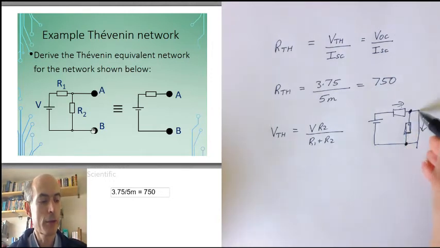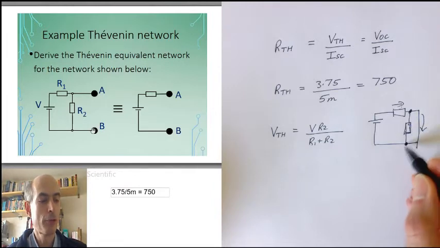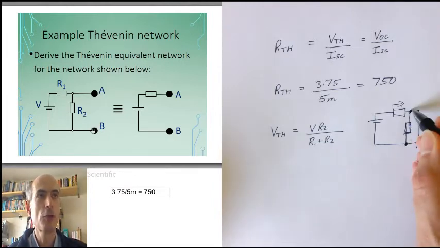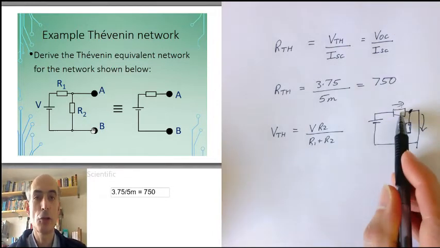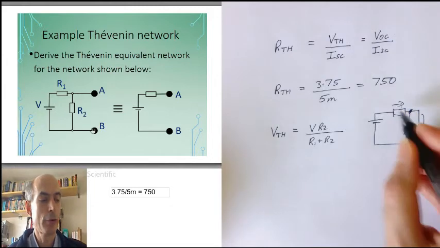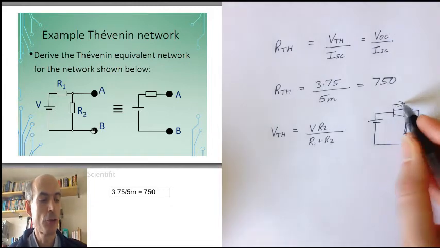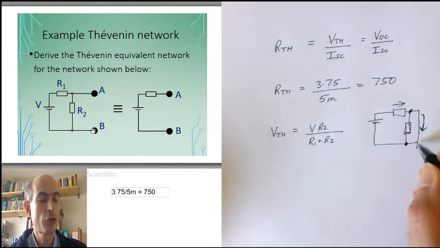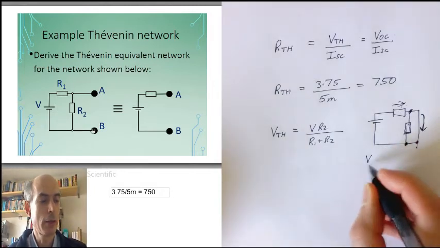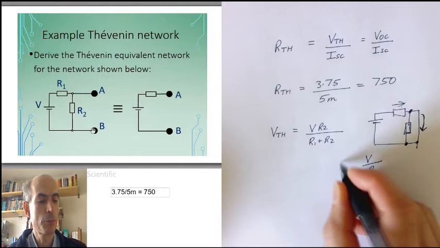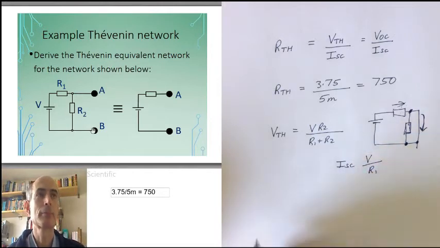With just a wire connected across the resistor, the voltage here will be the same as the voltage here, which means that all of the voltage from the voltage source here will appear across this resistor. So the current flowing through this resistor, which is the current that would flow through the short circuit, is just V divided by R1. That's my short circuit current.